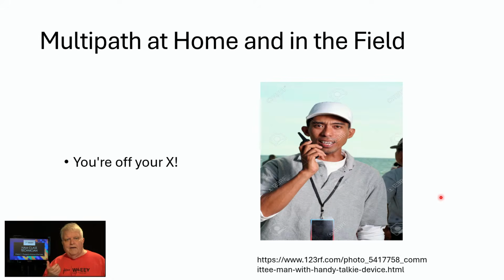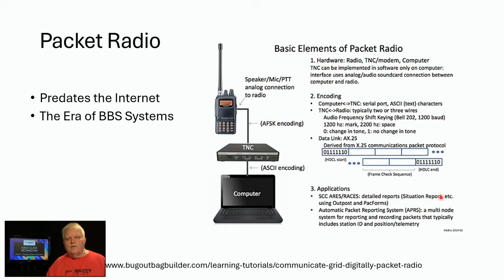So the little handy talkies, I have one over there, I forgot to grab it. They're FM radios. They transmit a frequency modulated signal. And back in the day, before the internet, hams were interested in computers and bulletin board systems and dial-up modems, but rather than tie up the phone line, well, why can't we do this by radio? And so packet radio was born.